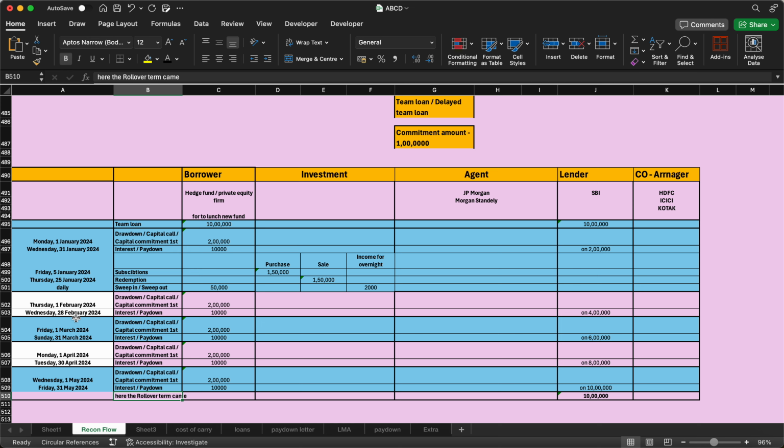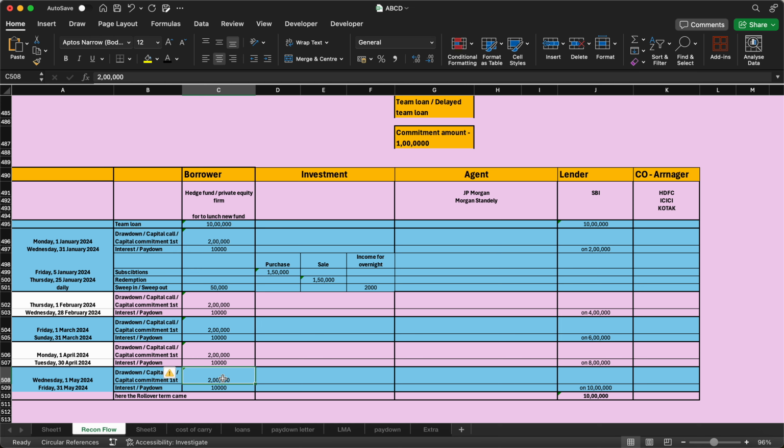The rollover term is nothing but this. If you calculate this contract in the row, the column C, around 10 lakh rupees they have withdrawn. They have invested again, and it came to the master account.